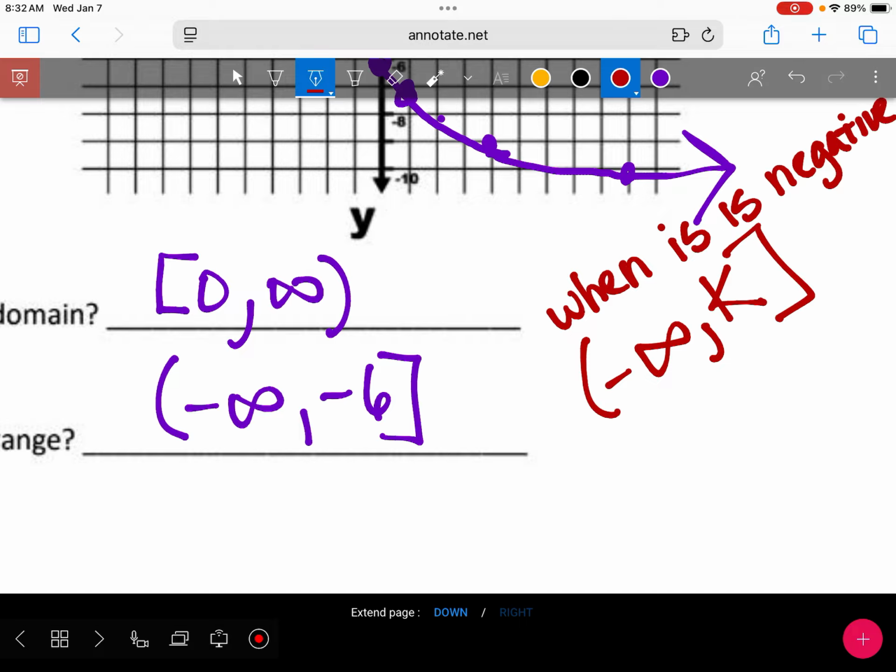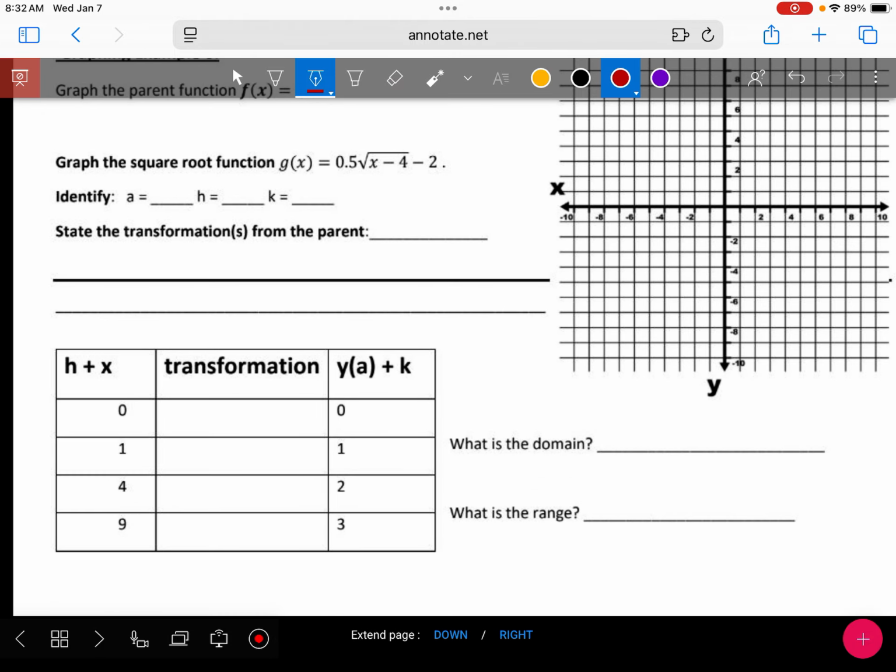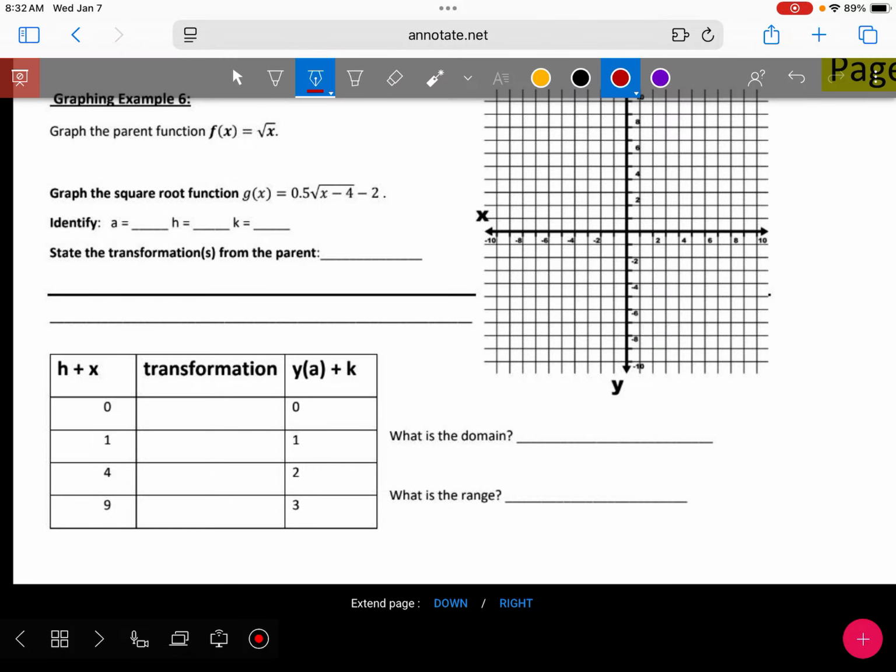Okay, one more, and then we are done. Let's go ahead and do question 6. Example 6, let's graph our parent.